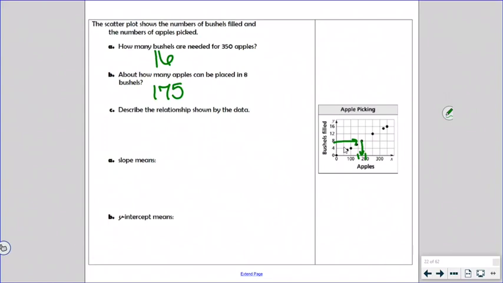Describe the relationship shown by the data. Once again, positive correlation. As apples increase, the amount of bushels increases.